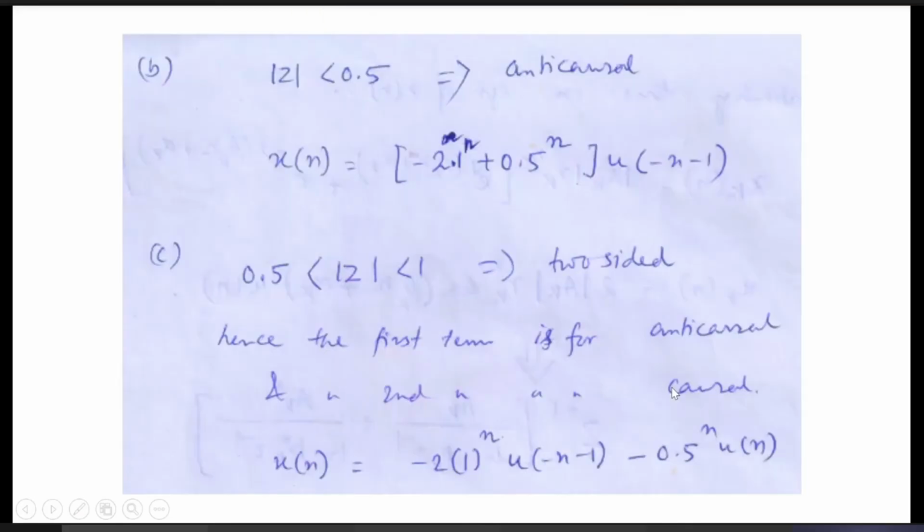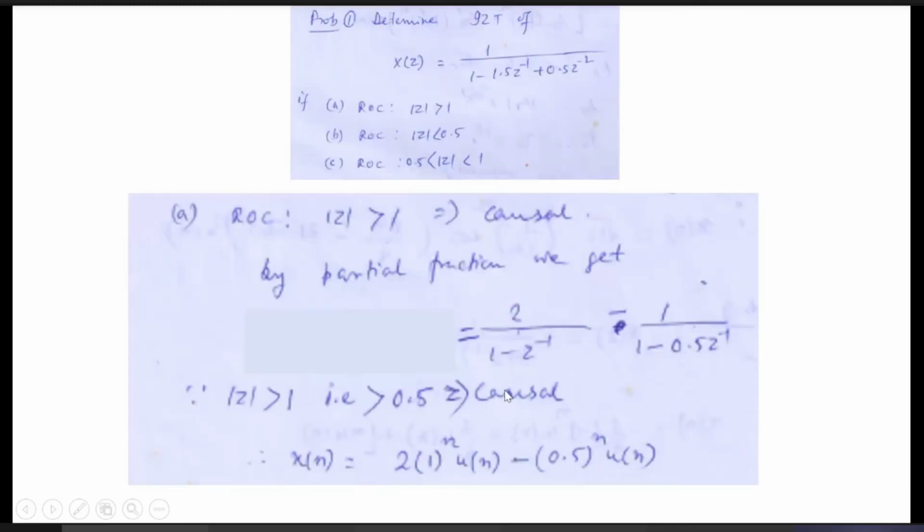Now the second case, mod z less than 0.5. It is given. So if it is your signal, look, both the poles are located at z is equal to 1 and z is equal to 0.5.